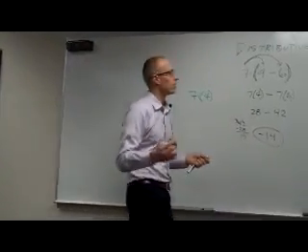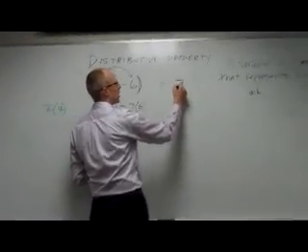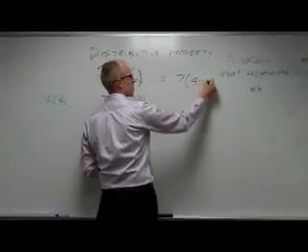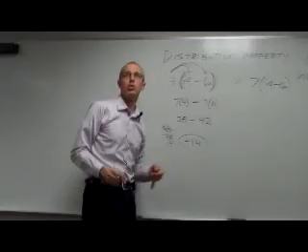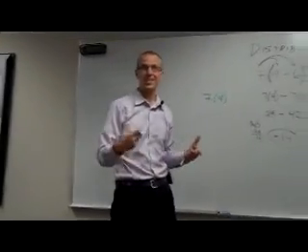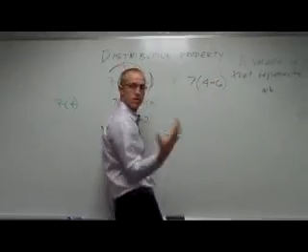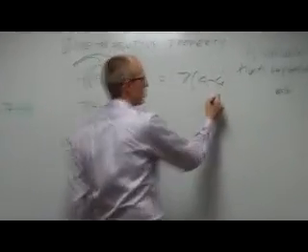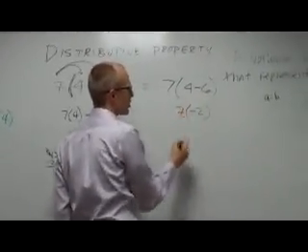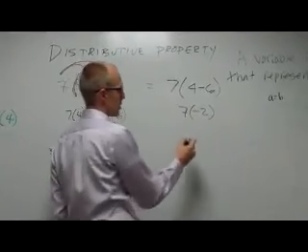Now, class is almost ending, and we'll use the order of operations in the last minute of class. 4 minus 6 is negative 2, and 7 times negative 2 is negative 14.